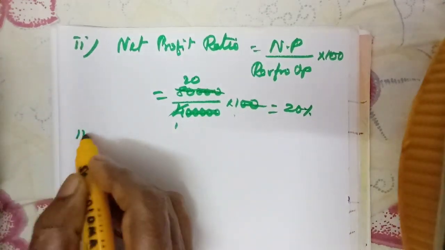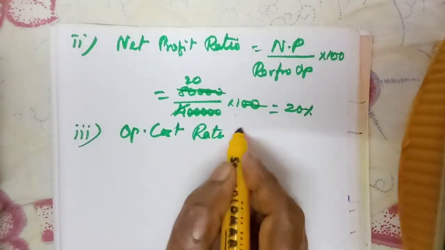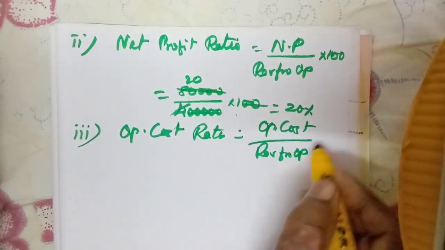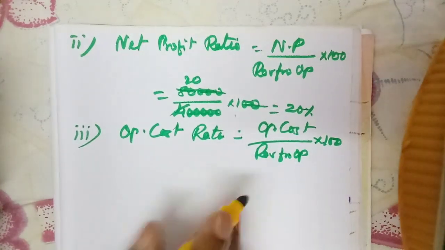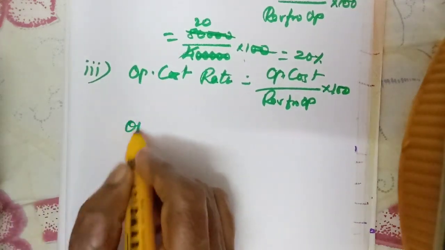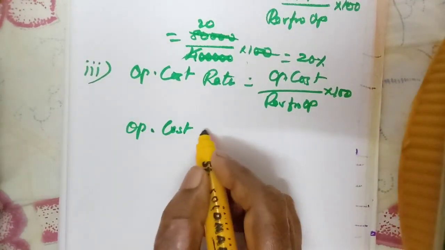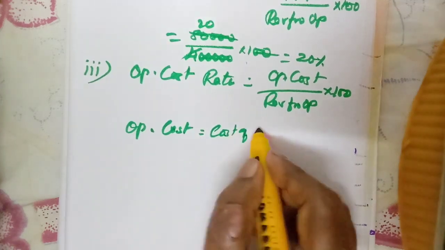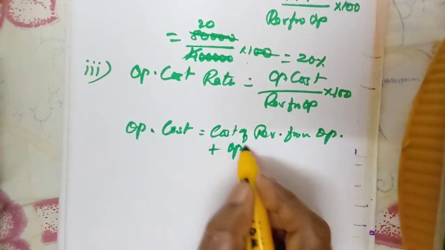Then third one, operating cost ratio: operating cost divided by revenue from operation into 100. Here we need to calculate the operating cost. Operating cost is cost of revenue from operation plus operating expenses.